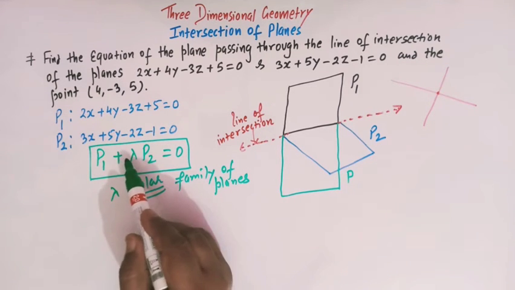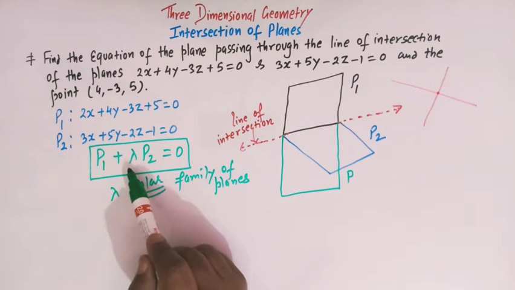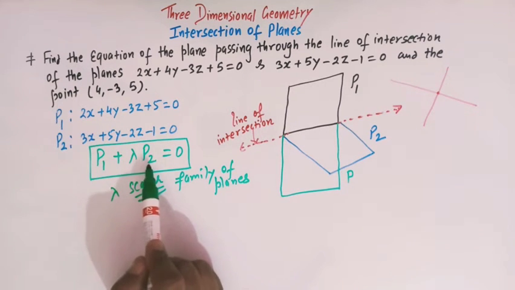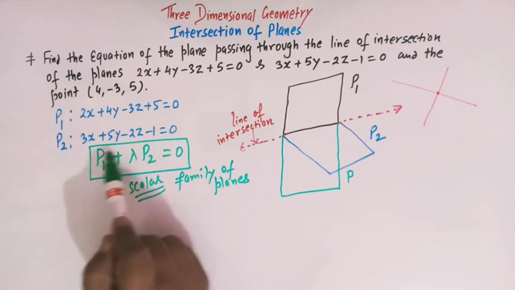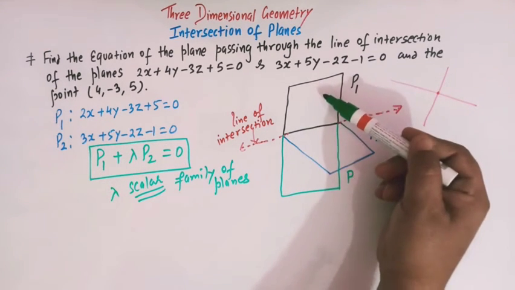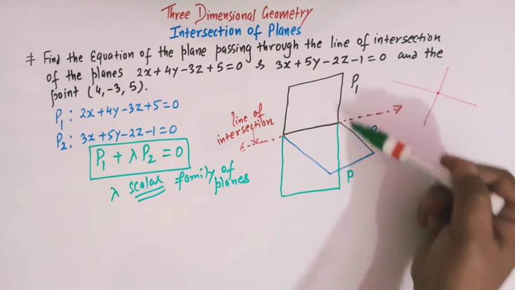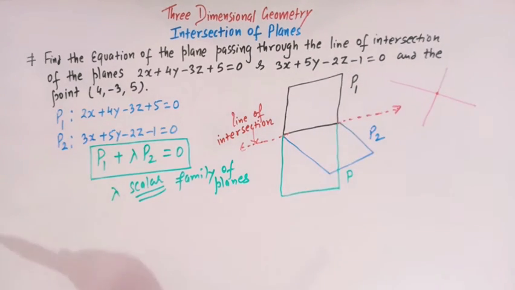We can impose different conditions, and corresponding to the given condition we can find the value of λ. So P1 + λP2 = 0 is the equation of the family of planes which passes through the line of intersection of the planes P1 and P2.